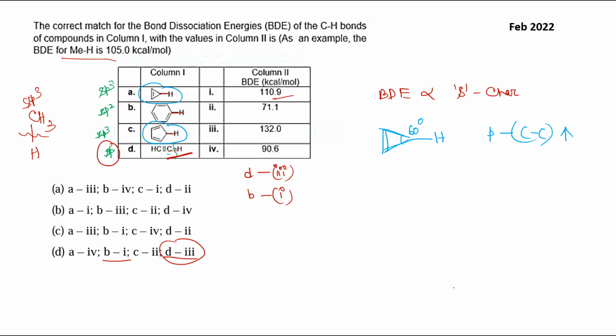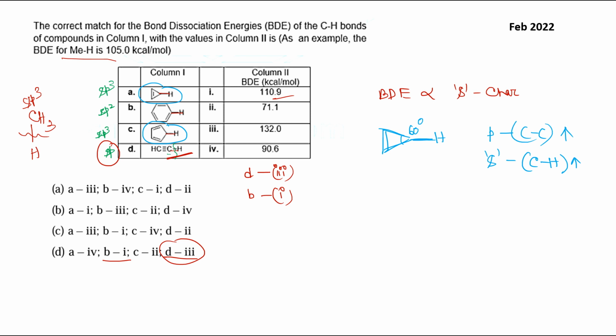Here the P character is increased. That means for the CH bond, which we are actually considering for bond dissociation energy, the S character of this CH bond is increased, because if P character is increased for the CC bond, obviously more S character will be developed in the external CH bond.